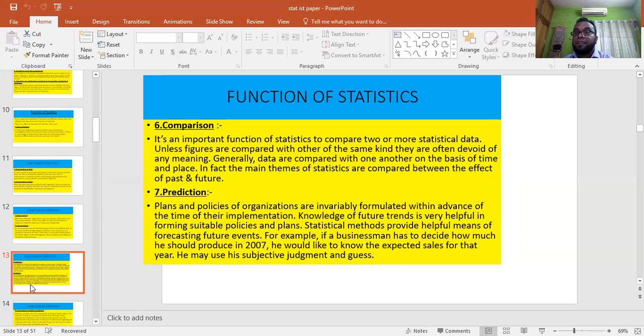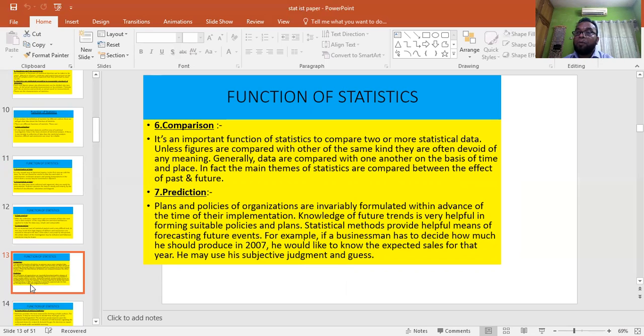Say, in the previous year, the production of a company was 1 lakh metric tons, and this year it is 75,000 metric tons. So the production is reduced due to corona and other things. Okay, so comparison is a main and important function of statistics. Now prediction.